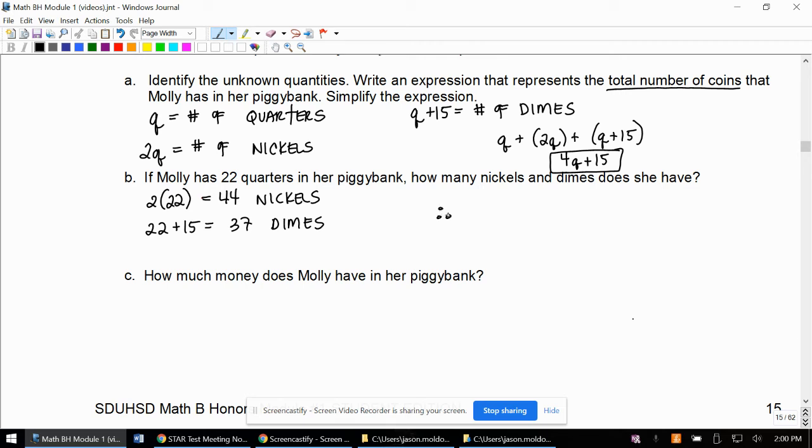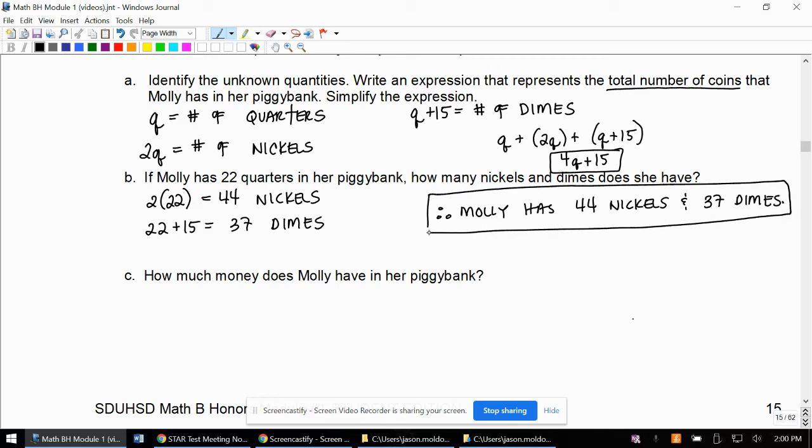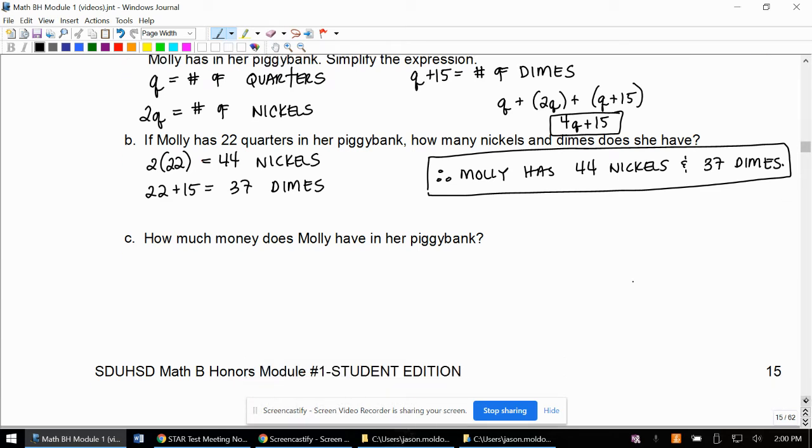So therefore, Molly has 44 nickels and 37 dimes. Complete sentence, optional to do a therefore statement, or excuse me, a therefore set of dots.